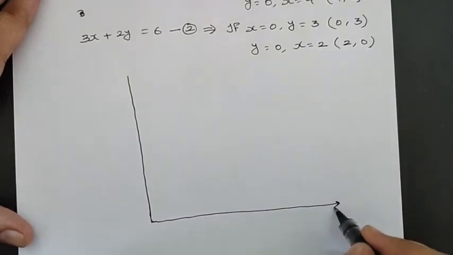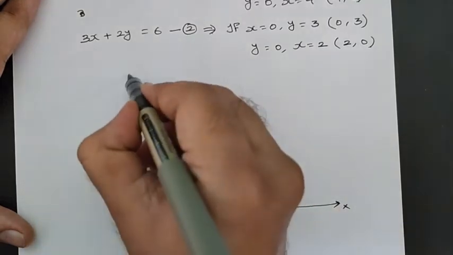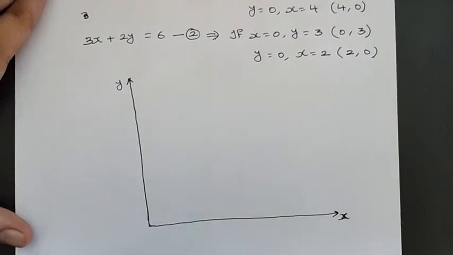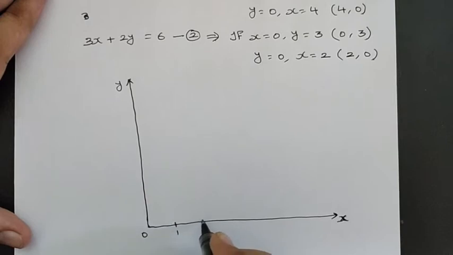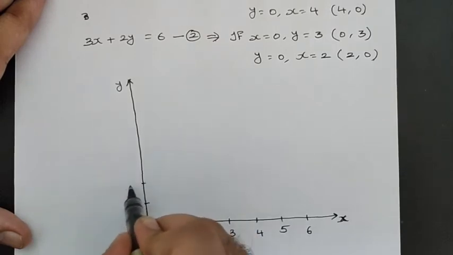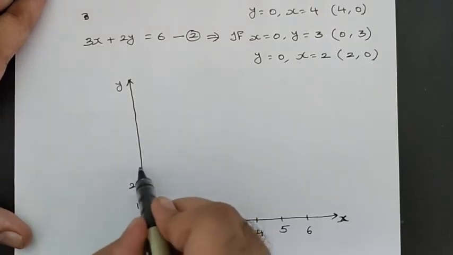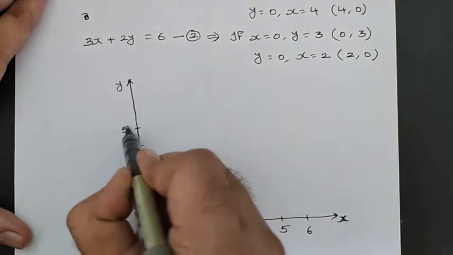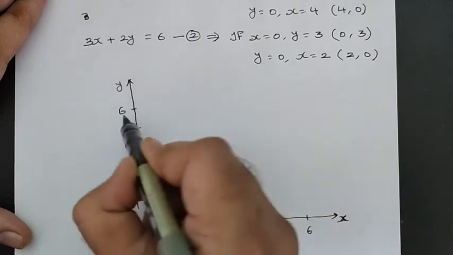So this one will represent x, this one will represent y, right? So now locate 0. I am taking one unit as 1, 1, 2, 3, 4, 5, 6, and here also 1, 2, 3, 4, 5, 6, right?